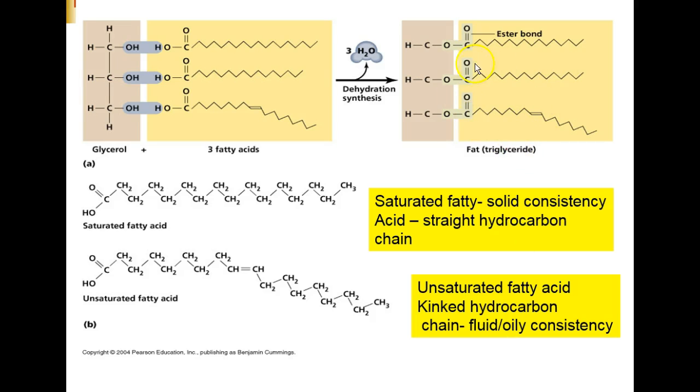In this example of a triglyceride depicted here, two of the triglyceride chains are saturated fatty acids, and one is an unsaturated fatty acid. The unsaturated fatty acid will give the triglyceride an oily or fluid consistency.